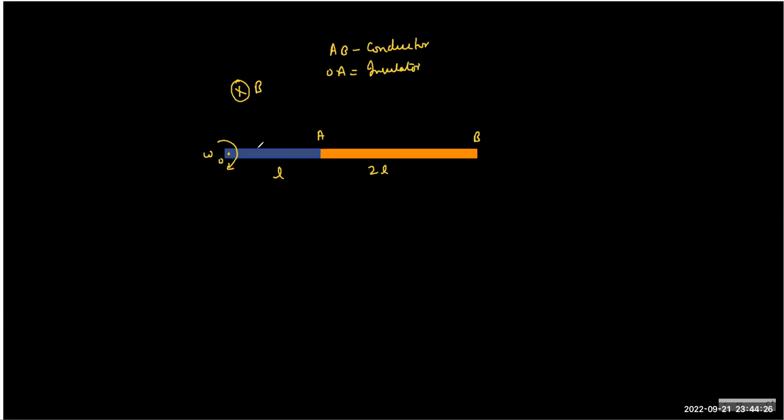So OA part is insulator. We know that EMF will be developed only in the conductor part, not in the insulator part, right? So what is the EMF in the AB part?